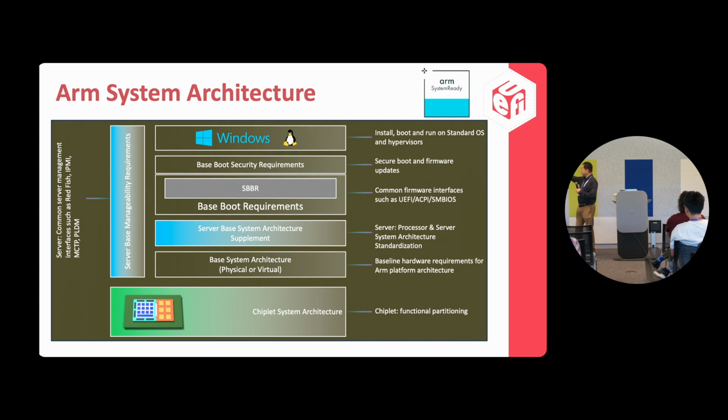Today, the system-ready band is only on the right-hand side for you to get the OS up and running. But by next Monday, this system-ready band is also going to include the SBMR as one of the required elements for the servers.